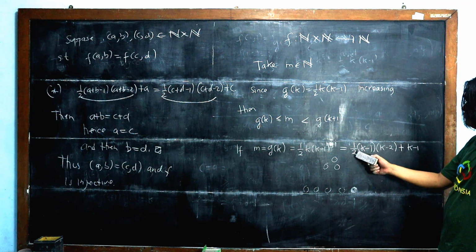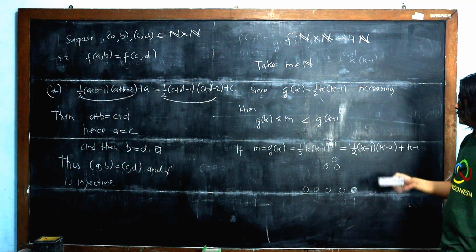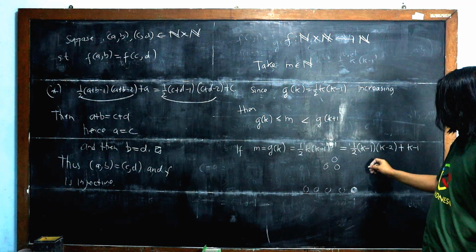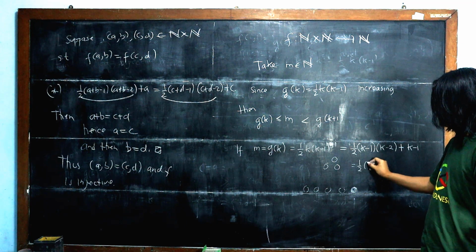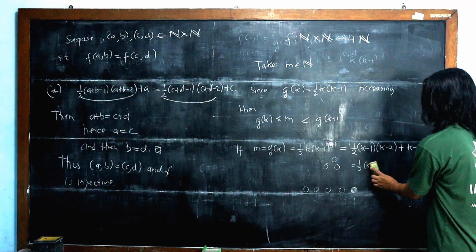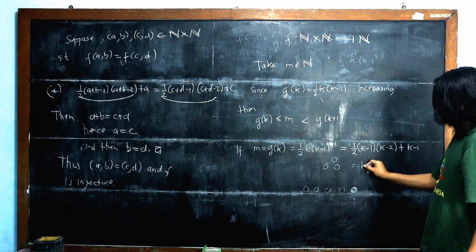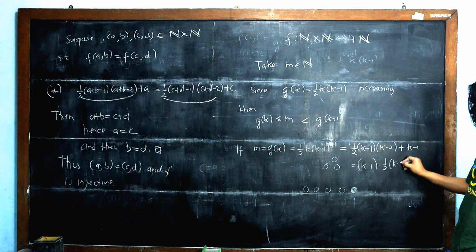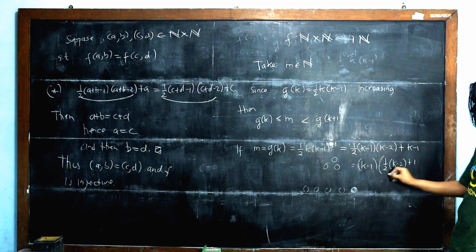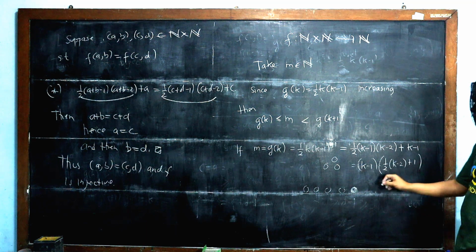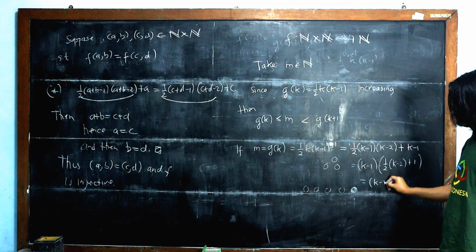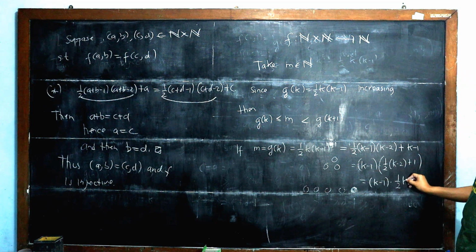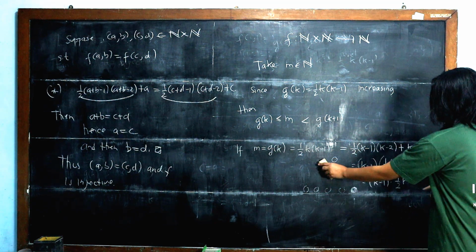Let's check. This is half of k squared minus half k. And this guy is half of (k minus 1) times (k minus 2 plus 2), which is k minus 1 times half of k. Yeah, exactly that number.